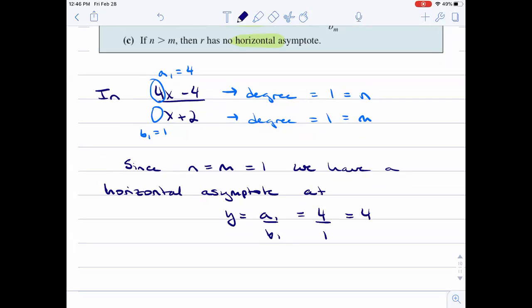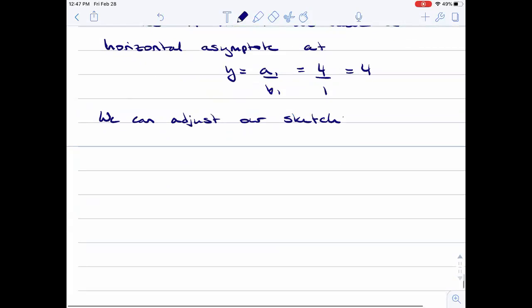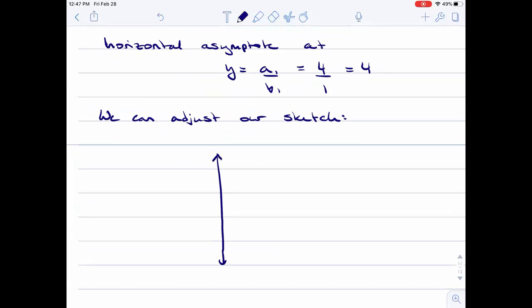So now we can adjust our sketch to look like this. So let's say that here, this is at y equals 4, just to get it on the graph.